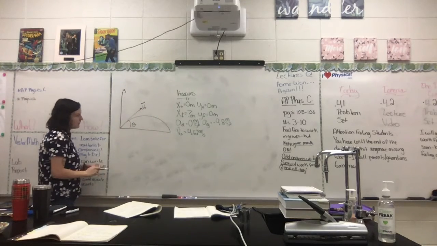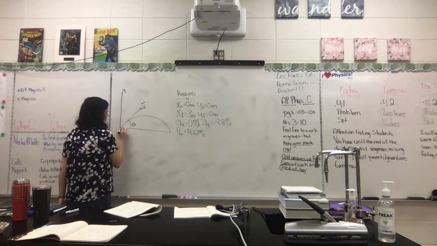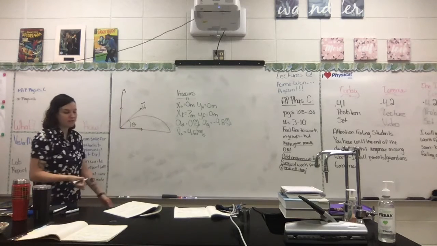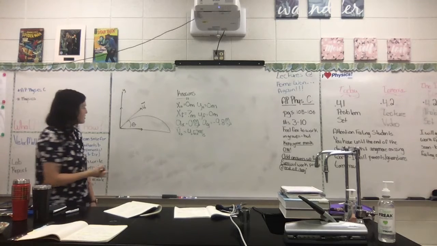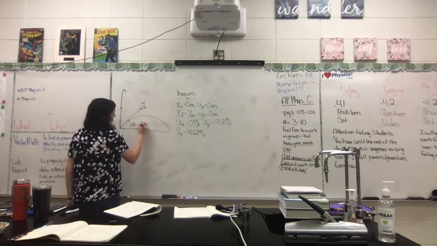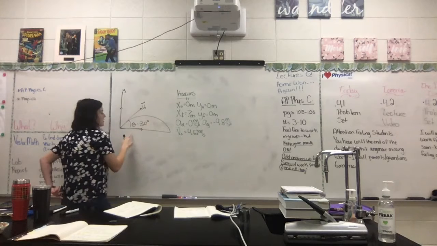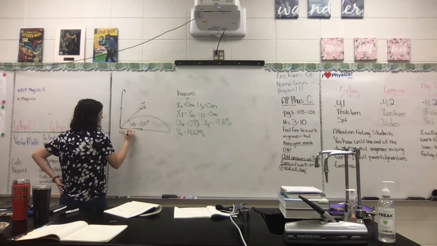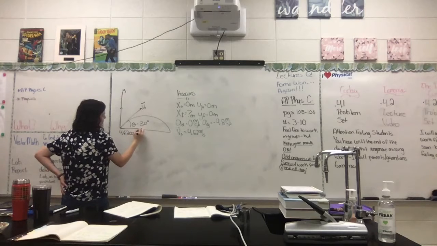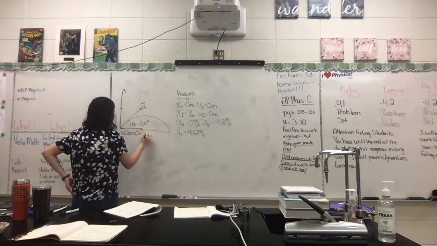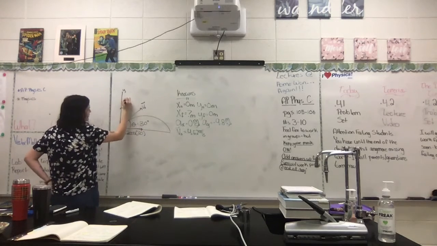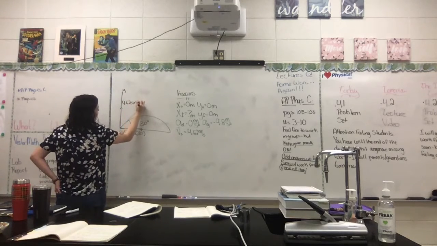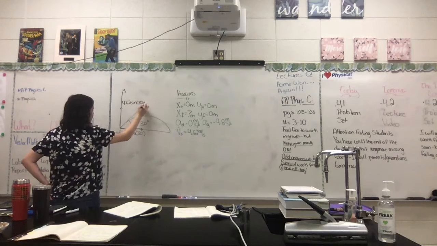So what we need to do first is break this up into its x and y components of V naught. Thankfully, we were told at the beginning that this launch angle is 30 degrees. So to find our x component, we're going to do 4.62 cosine of 30. And to find our y, we'll do 4.62 sine of 30.